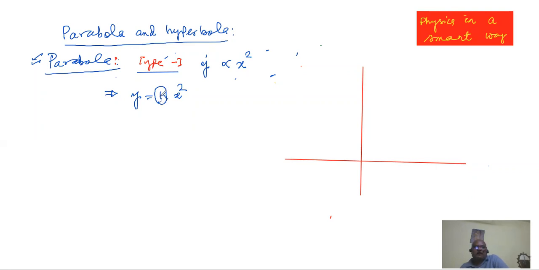Let us say for the time being, we consider k as positive. If you take k as positive and a whole number, then maybe y = 2x², y = 3x², or maybe a fraction y = x²/10 or something like that. So thereby, it creates a parabola.